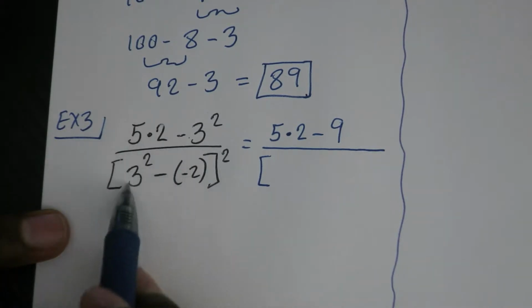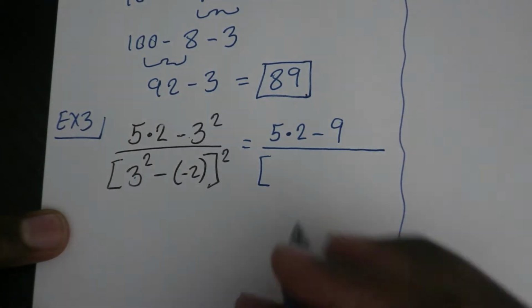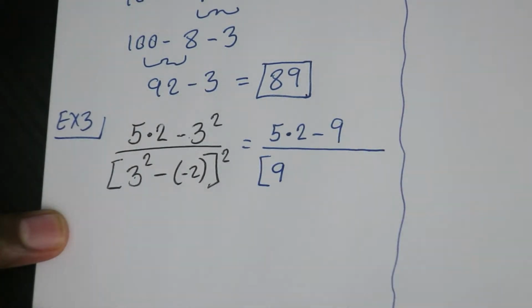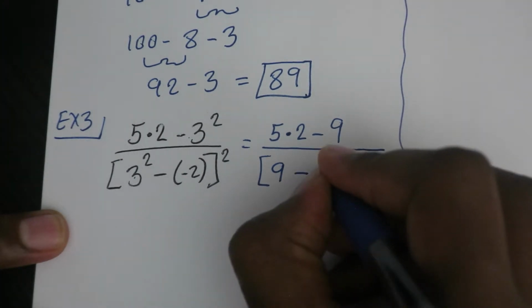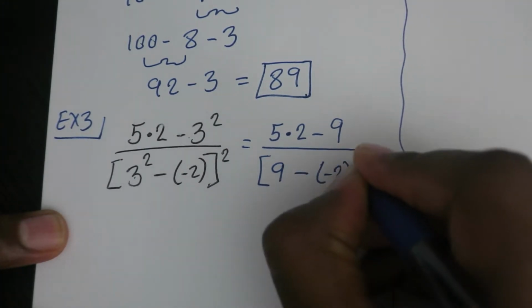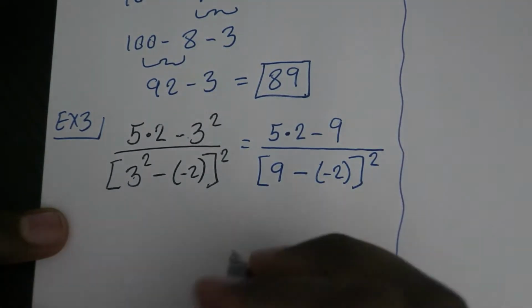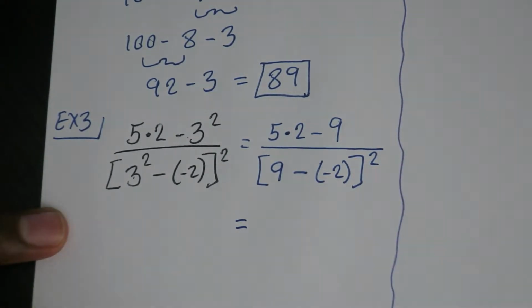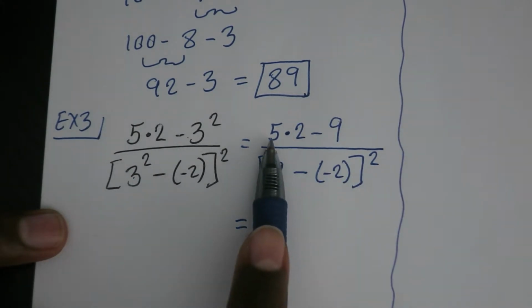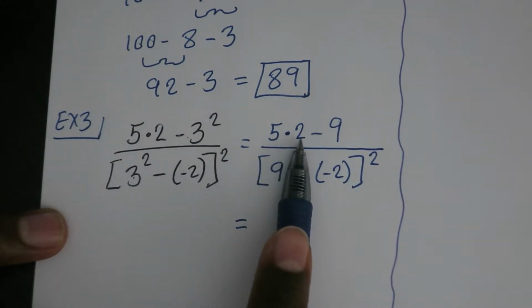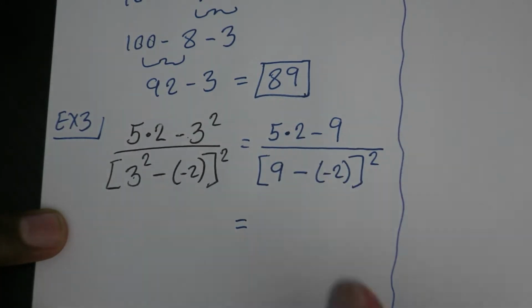I look inside the bracket. 3 squared is 9, and then a minus negative 2 in the bracket square, which equals the top. I have 5 times 2 is what you do first, and 5 times 2 is 10, minus 9 is 1.